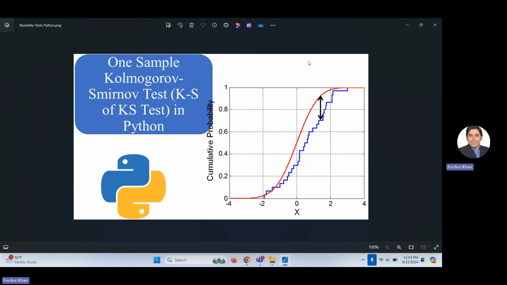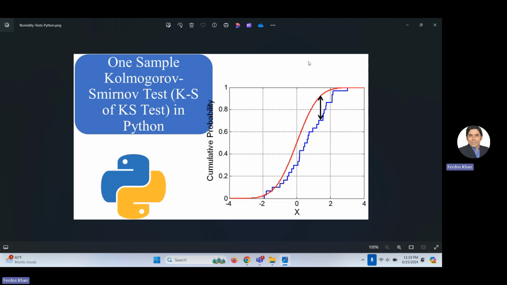They are very important tools, but in that case you can use the one sample KS test. If you guess that the data apparently belongs to a normal distribution, you can test for normal distribution. If you think the data belongs to a binomial distribution, you can test for binomial, or for any other specific distribution.